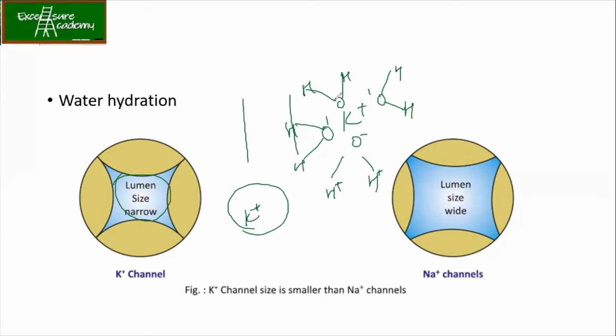And when it goes inside the channel, these water molecules get removed, and where there is a plus, the minus of the amino acid comes there. So there is a plus-minus interaction. Okay? Now this interaction is happening only with one K plus, because the binding space is only for one K plus.